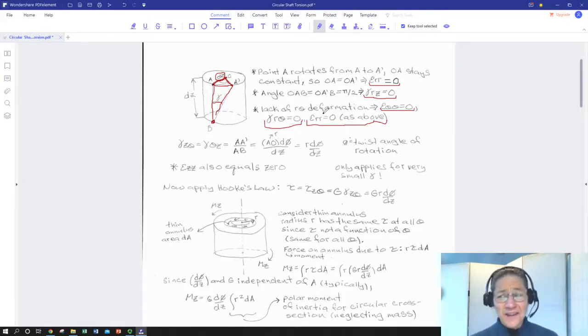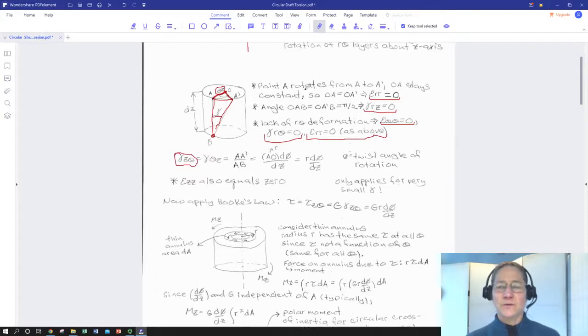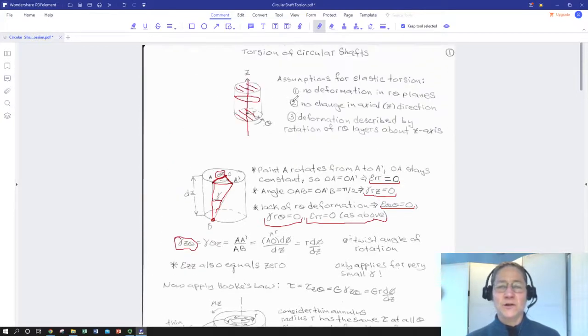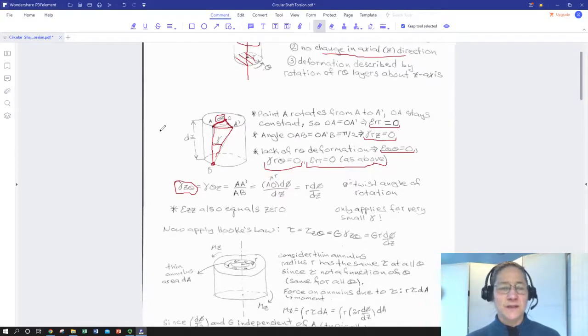So there's not a lot left in our strain tensor here. The only thing that we haven't designated as 0 is shear strain in the z theta, because earlier, we're not writing this down here, we had said there's no change in the axial direction, so that means that our normal strain in the z is also 0.